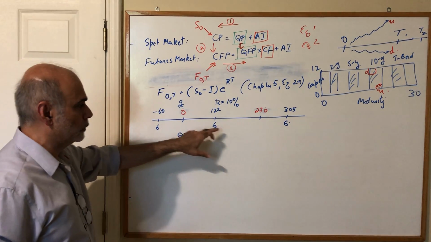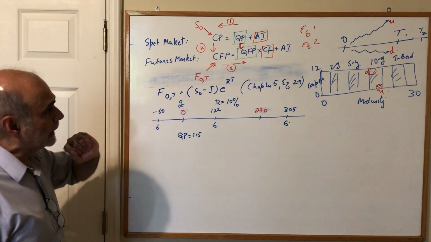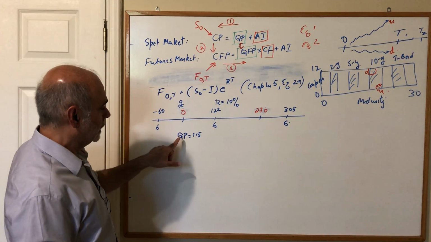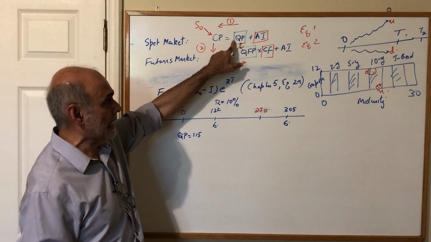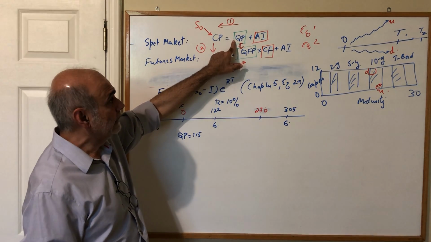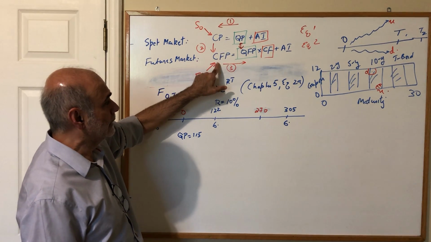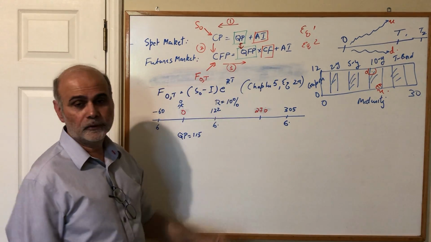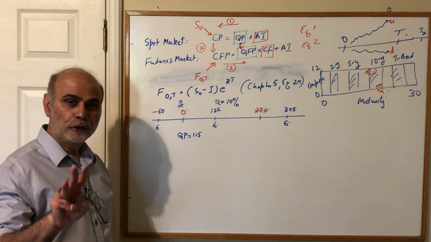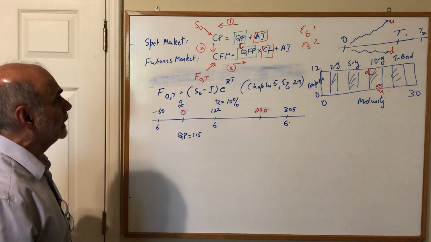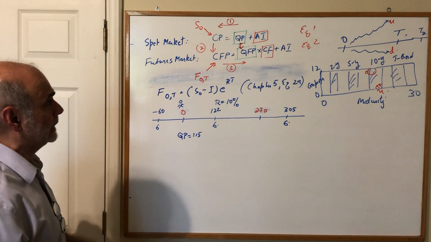Look at the 6 coupon payments over here. Now I'm going to go through this 3-step process. Look, the quoted price, this is what I have. Now I have to calculate the cash price in step 1, then step 2, and step 3. So I'm going to go through those 3 steps, step by step. The first one is, how do I get the cash price?